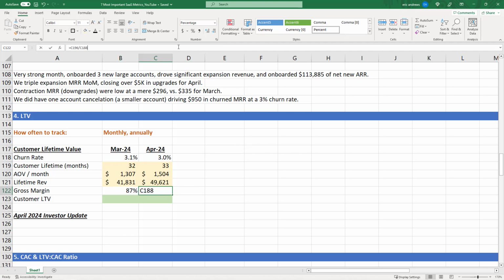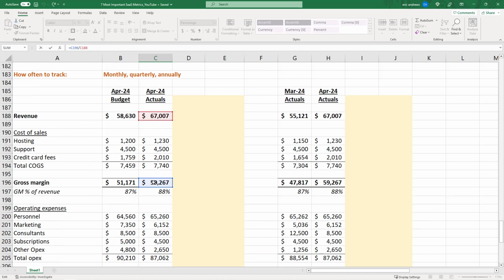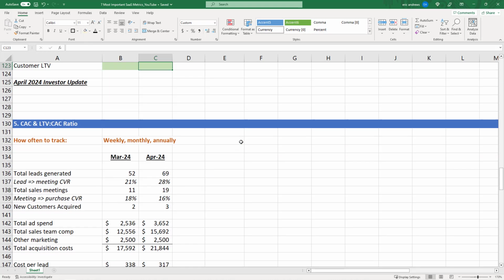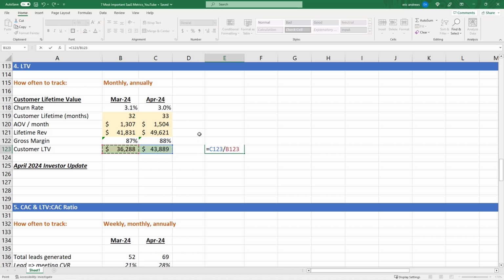Gross margin we can get from our financials, which we have down below. So we have our total gross profit divided by revenue. So that's your gross profit margin, 88% versus 87%. So our total lifetime revenue times the gross profit margin is basically your customer lifetime value. So we're saying 44,000, and it looks like that's up month over month in terms of our estimate.